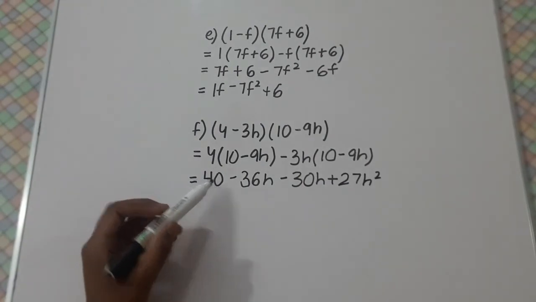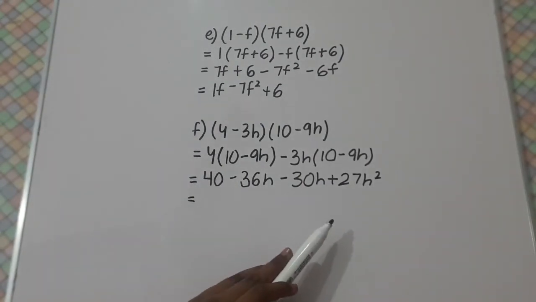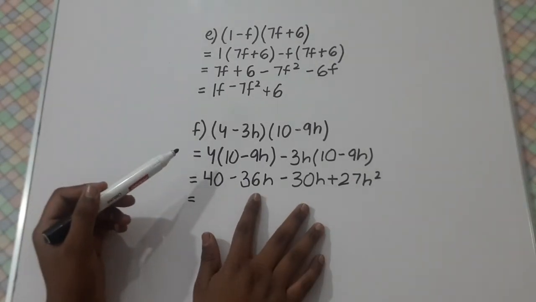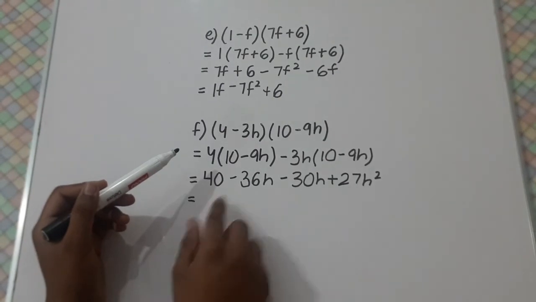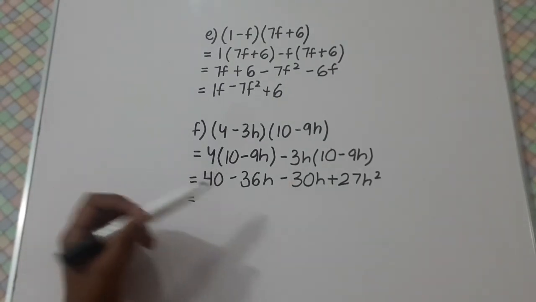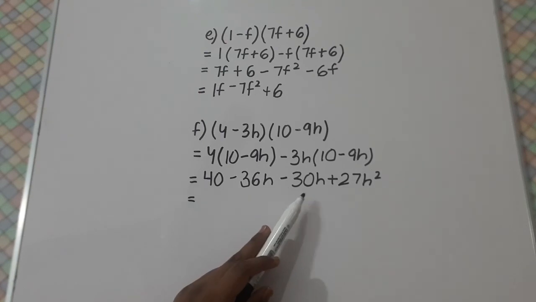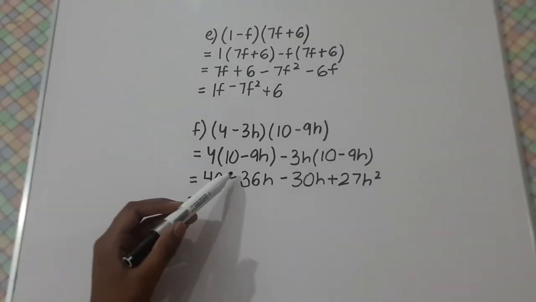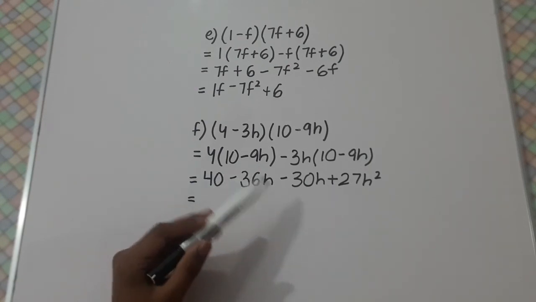Now for 40 minus 36h, we are having commons, means 36h and 30h are both common, and 40 and 27h square do not have any common in it, so just one common. So 36h minus 30h, so the numbers are negative, but we have to add them.